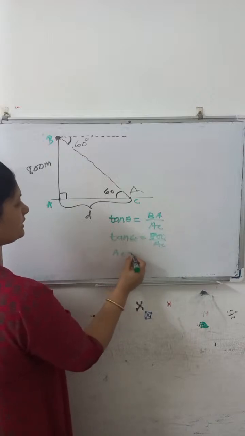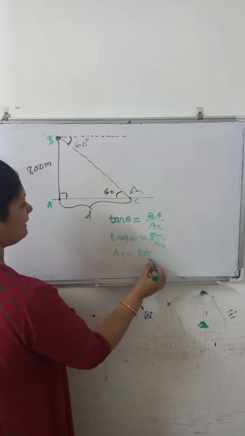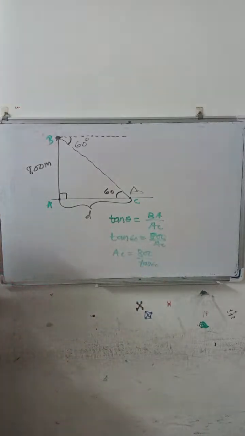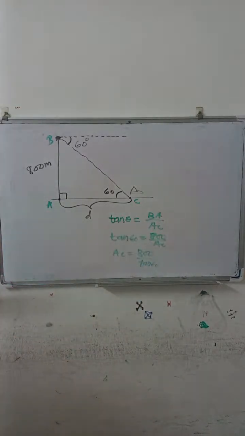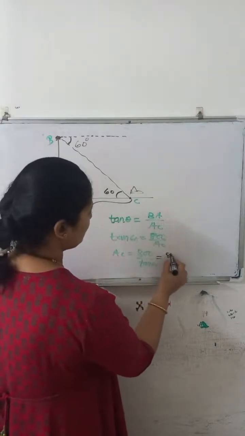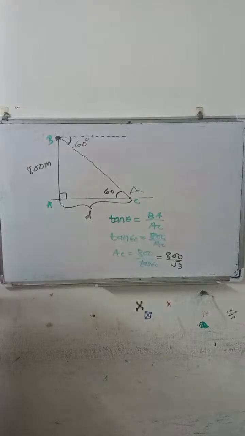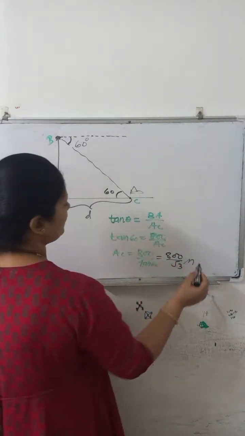So AC is equal to 800 divided by tan 60. What is the value for tan 60? Root 3, no? Correct? So here we will get 800 by root 3 meter as the answer. The option C is the correct option.